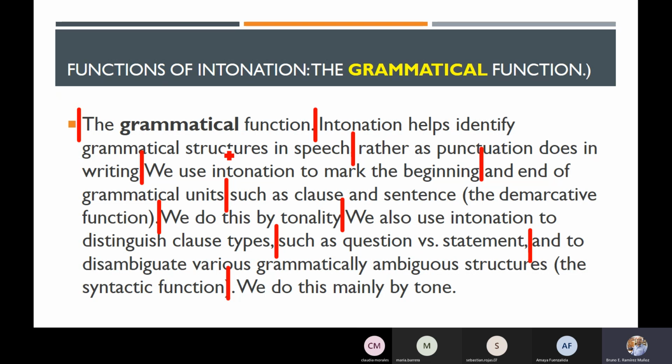Sebastian likes playing video games, comma, watching a series, comma, and doing exercise. So at any moment that I was listing, I was using a comma, and when I was using a comma, I was making a pause.